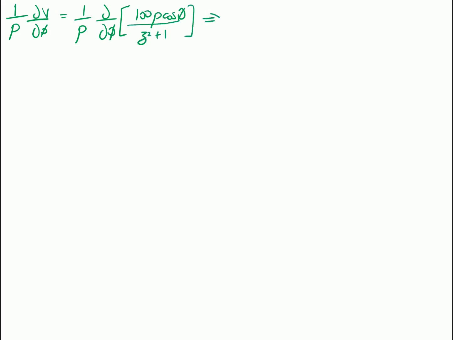Now if we proceed with this, the rho and rho will cancel out, and we just need to take the differential of cos of phi. I can take 100 divided by z squared plus 1 out, and I'll be left with the partial derivative with respect to phi of cos of phi only. The differentiation of cos is minus sine of phi. So this is what you are getting for the second one.